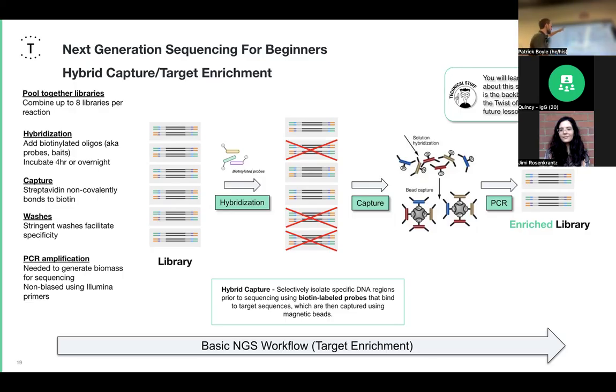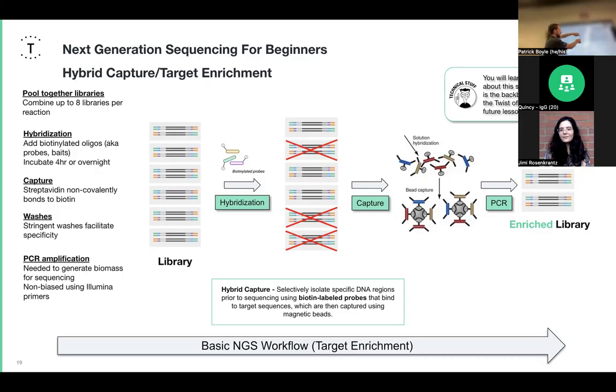Basically, you're taking a whole genome of library, all 3 billion bases, and then you're doing a capture. You're removing targets that you don't want. These biotin-labeled oligos are defined by the customer. They bind to certain targets in the genome: genes, genomic regions, RNA regions.